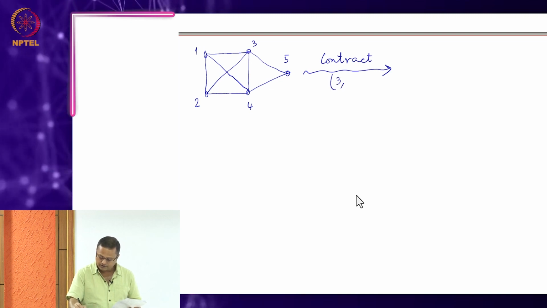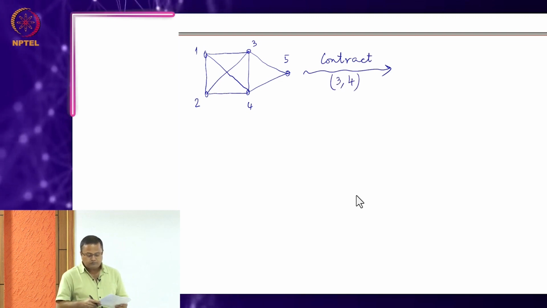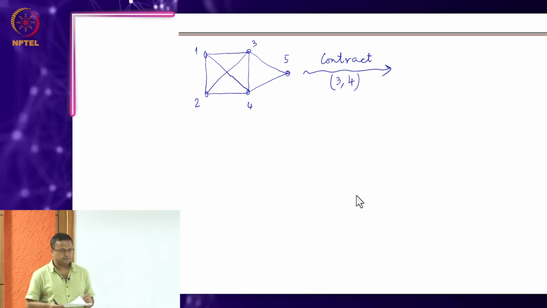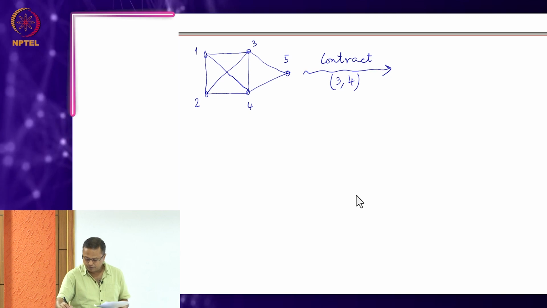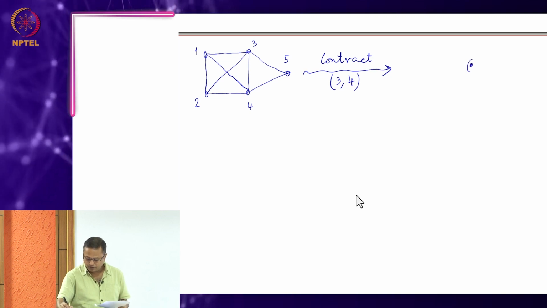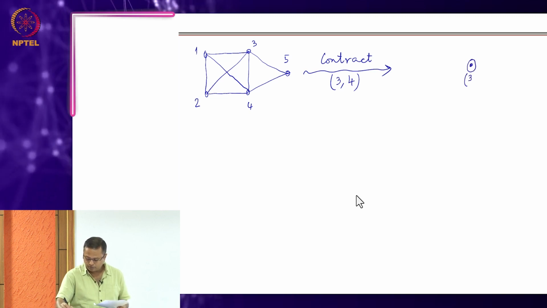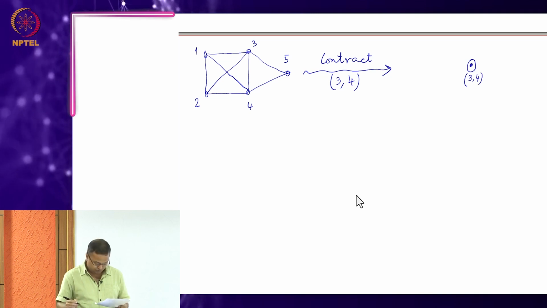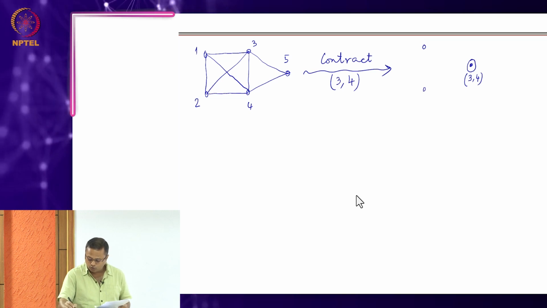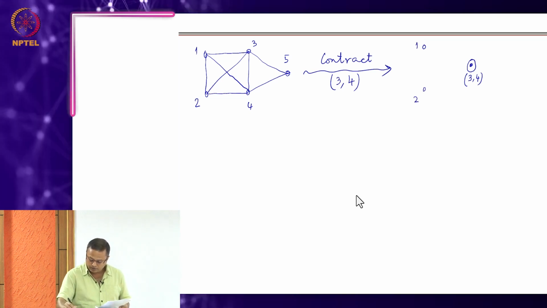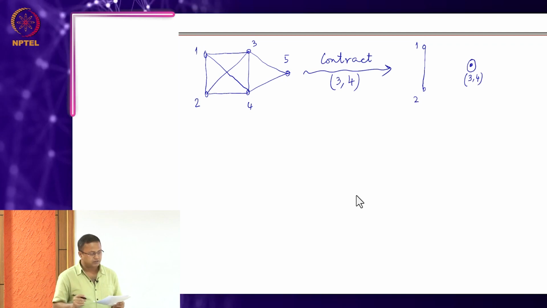So contract the edge 3, 4. If you contract the edge 3, 4, you have a super node corresponding to 3, 4. You have 1, 2 as earlier. This edge is undisturbed.